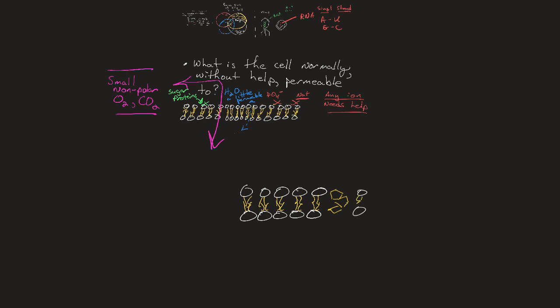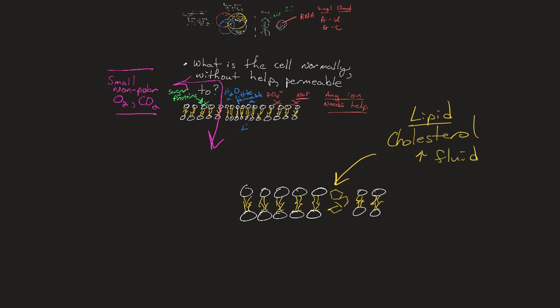I did mention it before, but I didn't stress it, and now I am stressing it. So you should know cholesterol. Cholesterol is a lipid. It sits in the membranes. It increases fluidity.